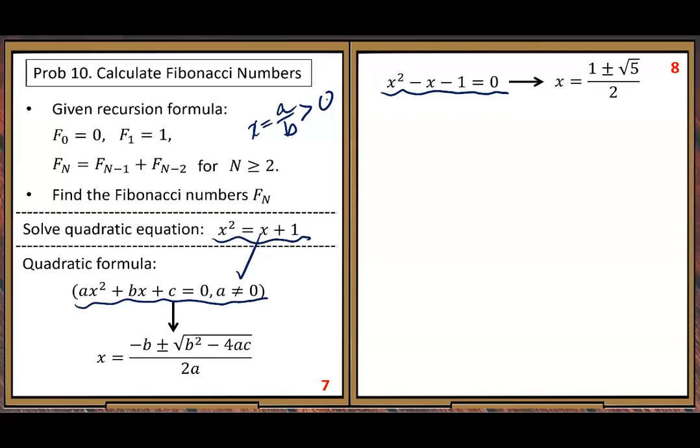But if you look at the expression here, the first solution, 1 plus √5, it's positive, no problem. But the second one, when you use the minus sign, 1 minus √5, it is negative. Then your second solution is a negative solution. Then it does not make sense, because its original meaning, the ratio must be positive.